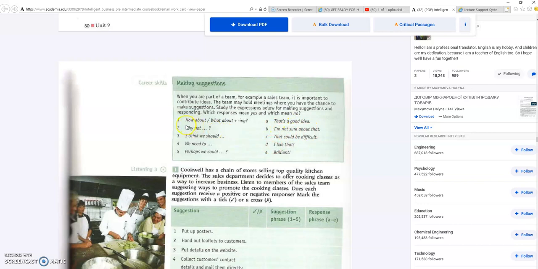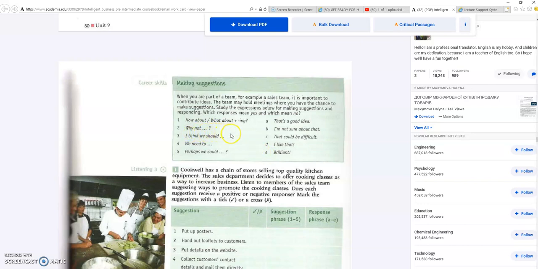Okay, so let's do number 1. How about, what about, arriving early? A, B, C, or D? That's a good idea. I'm not sure about that. That could be difficult. I like that. Brilliant. Could be anything. Why not?